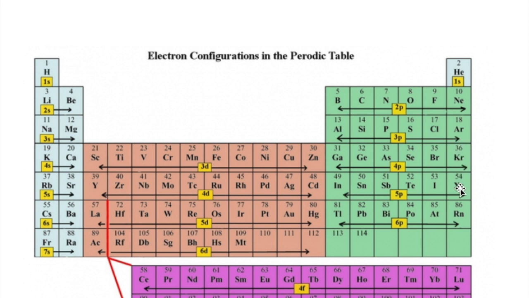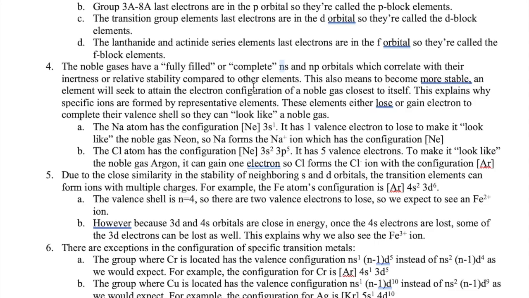If I'm looking at xenon, that's period 5, so the 5s and the 5p orbitals are completely filled for xenon, which means it will have the configuration of 5s2 and 5p6. Well, that's the only difference between the noble gas and everybody else. That must mean that having a fully filled or complete s and p orbitals of that given level or period makes that element a lot more stable.